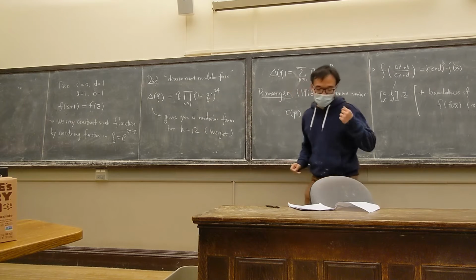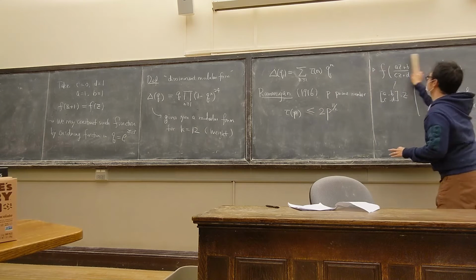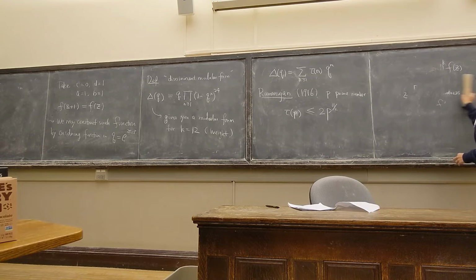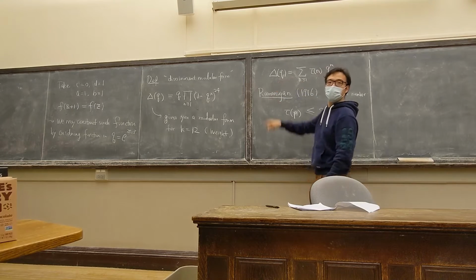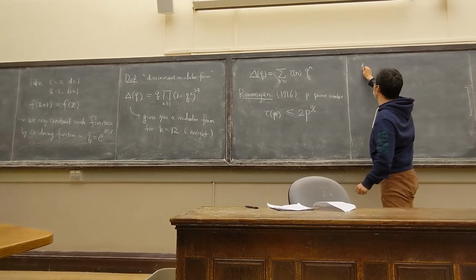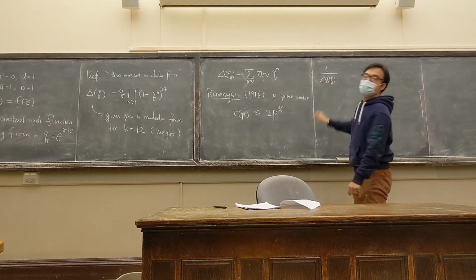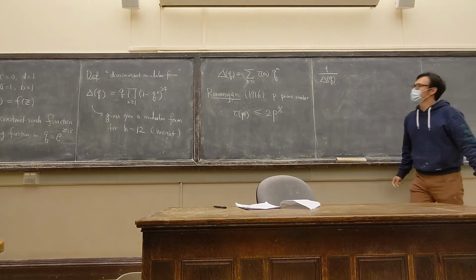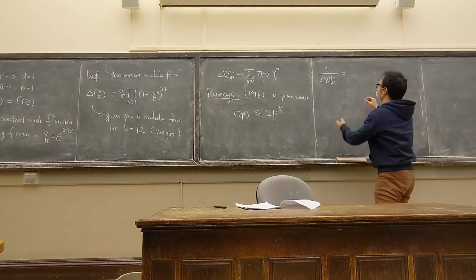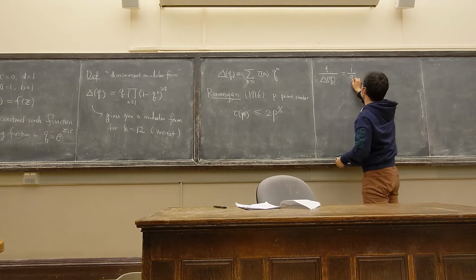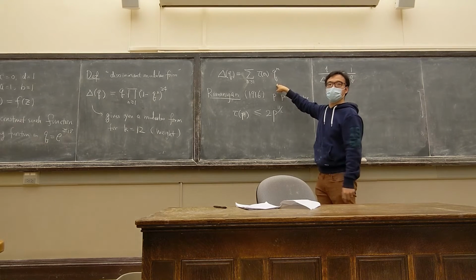Okay, so today I'm not going to talk about this one, but I want to do something weird. Instead of expanding delta cubed, today I will expand 1 over delta cubed. So the first term is clear, right? It's 1 over q, because the leading term of delta is q.